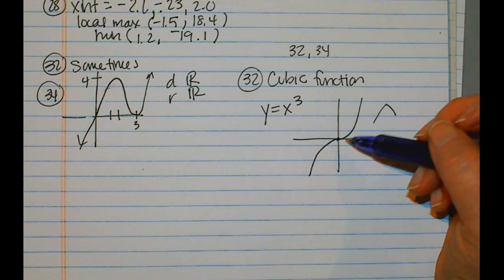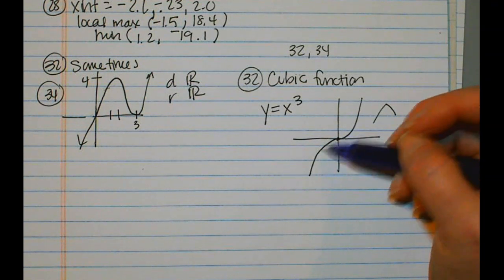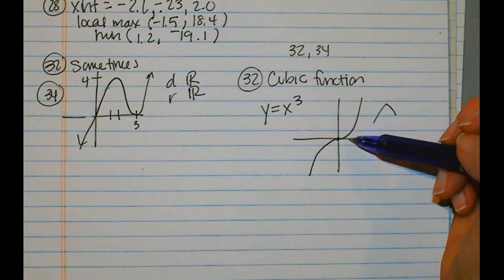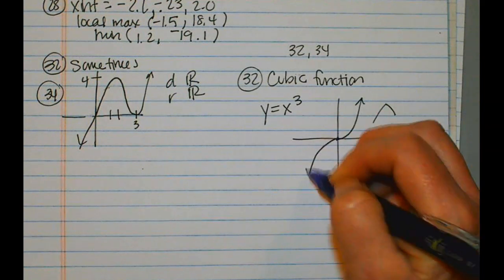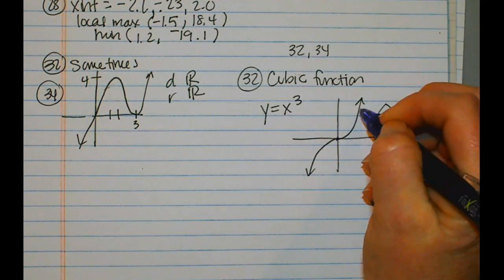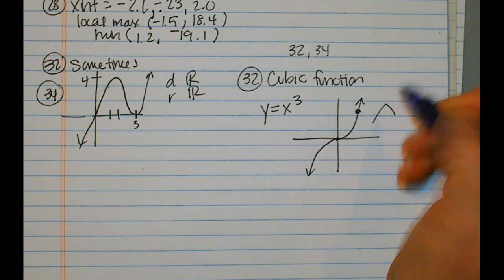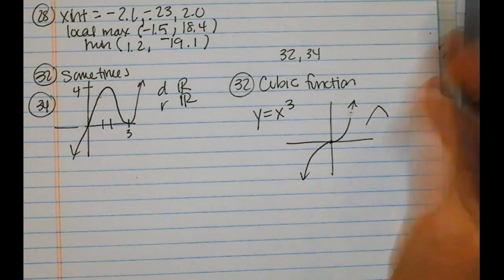And it's also not a minimum for the same reasons. It's lower than all of these points, but it's higher than all these points. So this is an example of one where it doesn't have turning points. It doesn't have a minimum or maximum on the function going forever in either direction. If you stopped it right here, you'd say this is the maximum. But generally speaking, it goes on forever, so it doesn't have that characteristic.